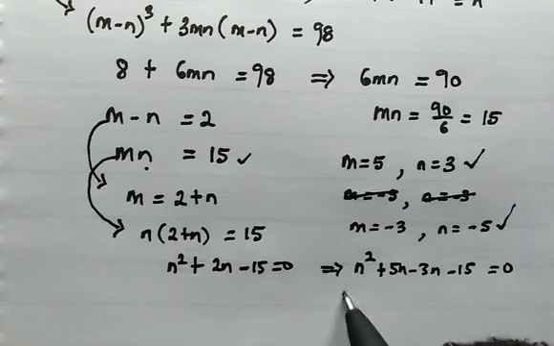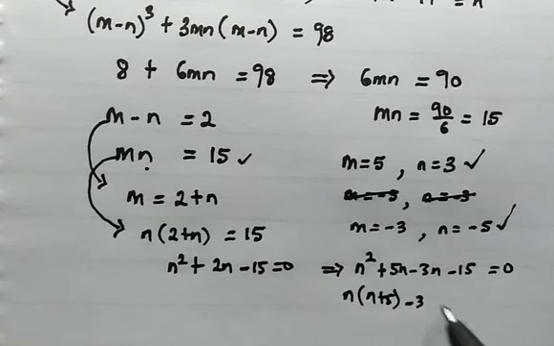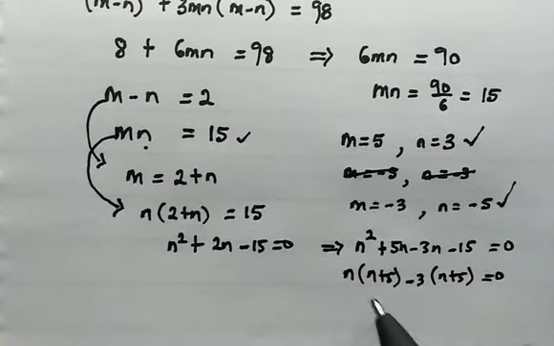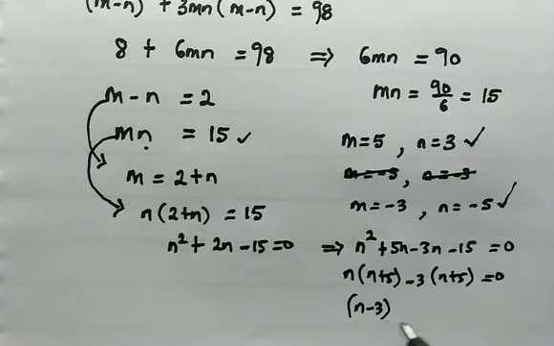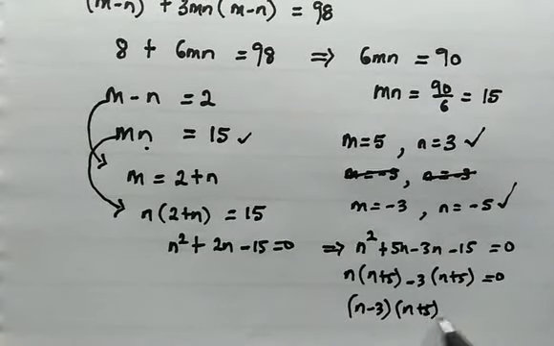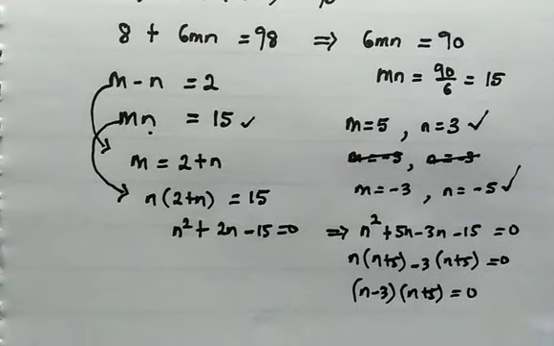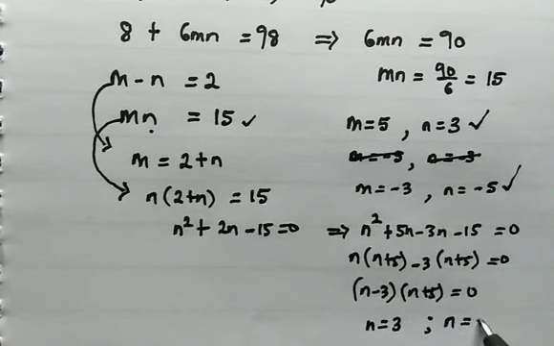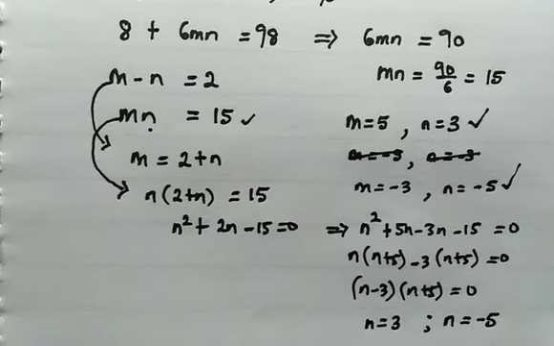Okay, so from here, we have n into bracket n plus 5, and here we have a common factor of negative 3, then we have n plus 5, this is equal to 0. So this is factorized as n minus 3 multiplied by n plus 5, and the whole of this is equal to 0. Now, if n minus 3 is equal to 0, then n is equal to 3. And if n plus 5 is equal to 0, n is equal to negative 5.